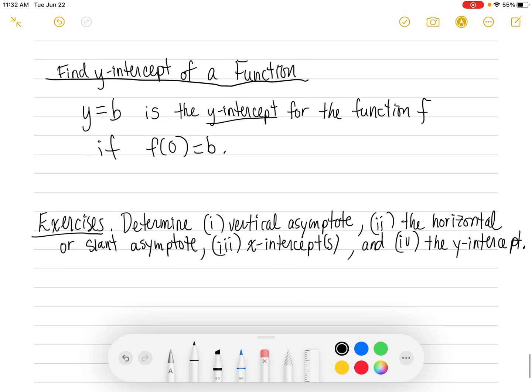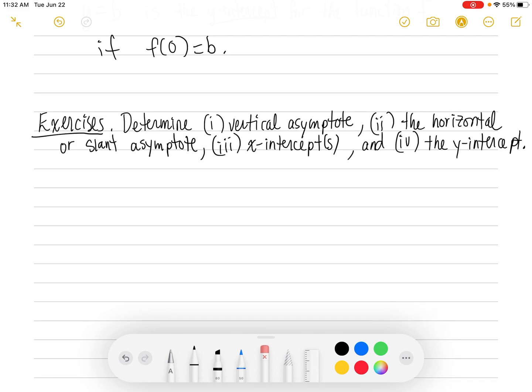Okay, so this is what we need to do. Let's call this A, B, C, and D. I like that better. A, B, C, and D. All right, so number 1, here we go.